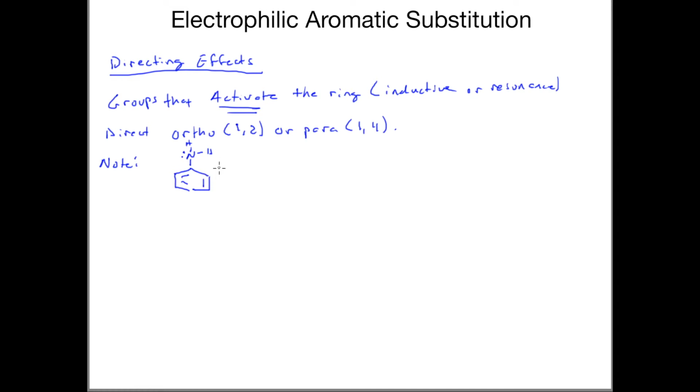And note, just like before, now what I'm going to do is push these electrons onto this aromatic ring. Notice that we have in each case the negative charge, just like in the previous example, on the ortho position here. So this next resonance structure will have the negative charge in the ortho position.